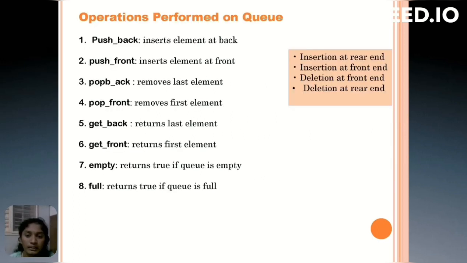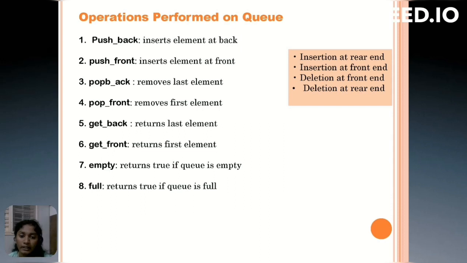Next, we see operations performed on the queue. Push back: insert element at back. Push front: insert element at front. Pop back: remove last element. Pop front: remove first element. Get back: return last element.